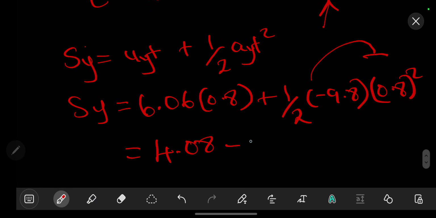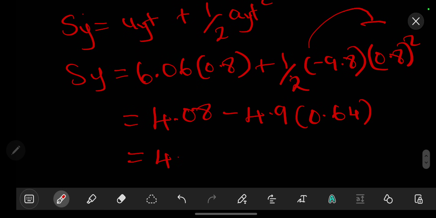Then we have minus 4.9, and when you multiply half of 9.8 by 0.8 squared, which is 0.64, we get 3.136.